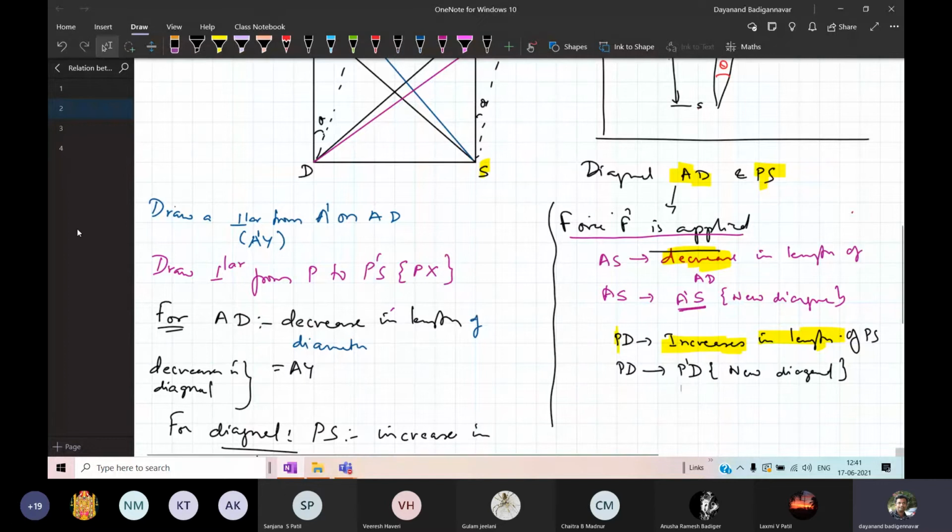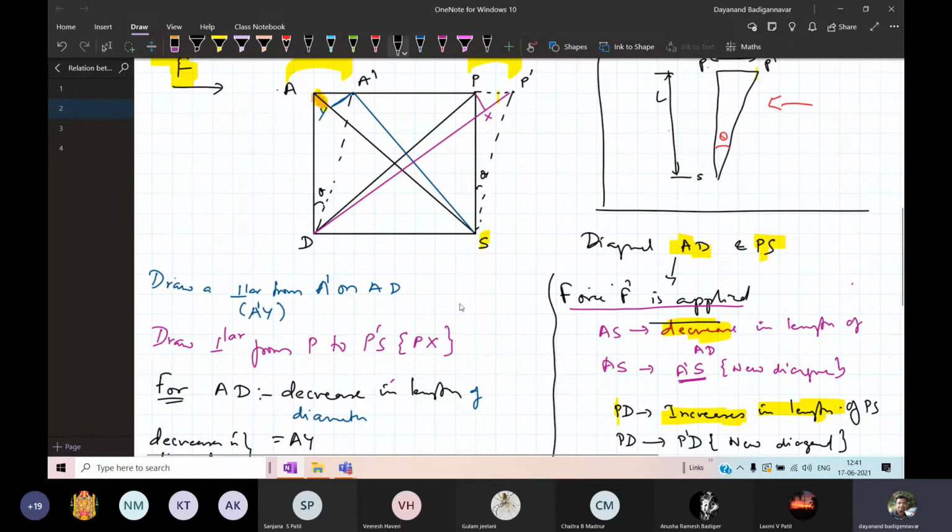So for the new diagonal, draw a perpendicular A dash Y on AS. Sorry, here again I have to make all the changes.